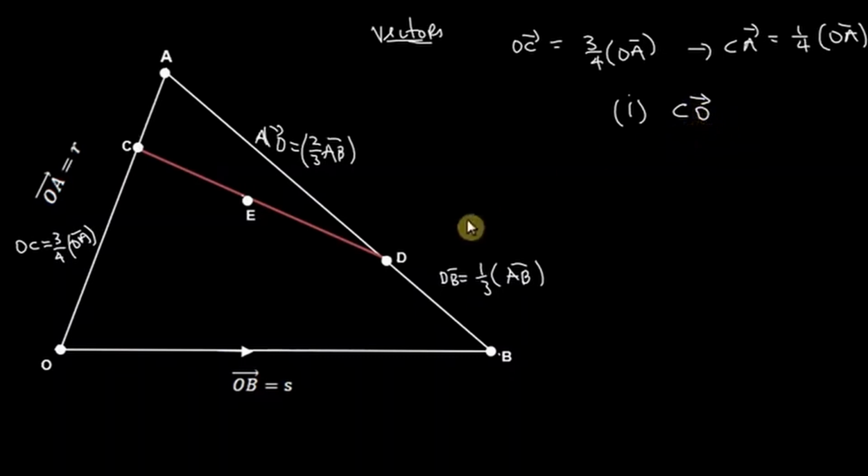Okay, so CD, the vector from C to D, is the first thing you're asked to find. Here we are at C and we want to get to D. So let's label it.